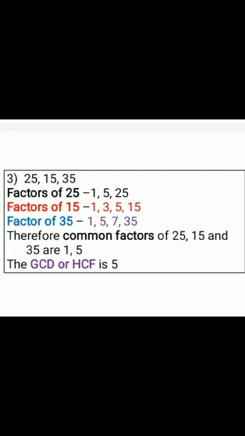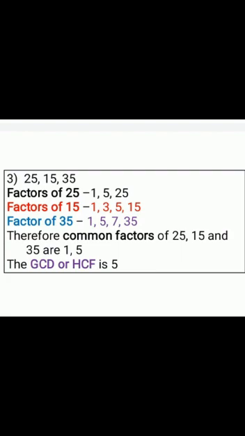The third example, 25, 15, 35. Here again, first you are going to take out the factors of 25, 15 and 35. So, factors of 25 are 1, 5, 25. Factors of 15 are 1, 3, 5, 15.